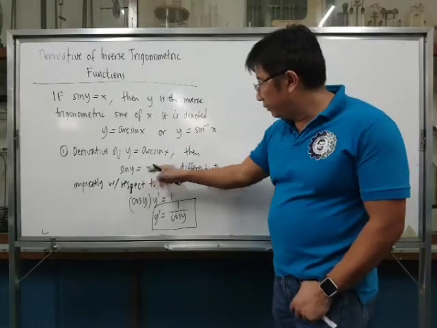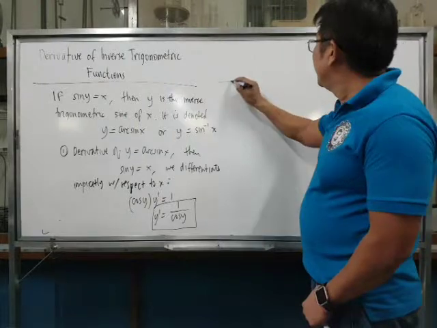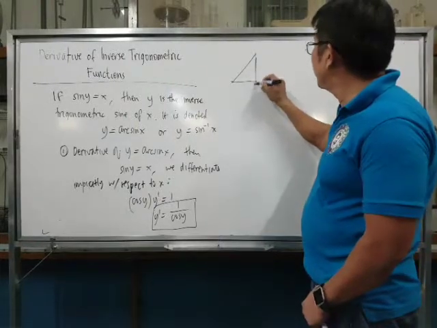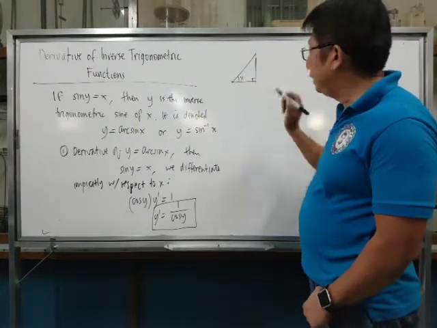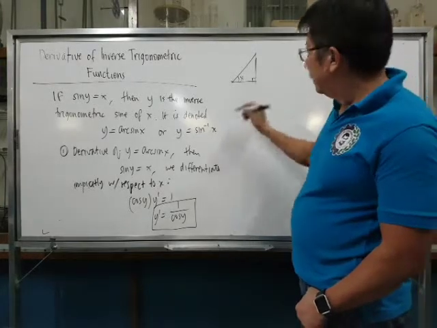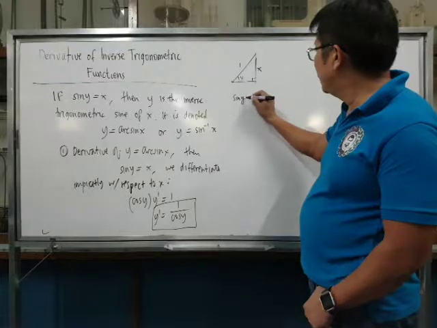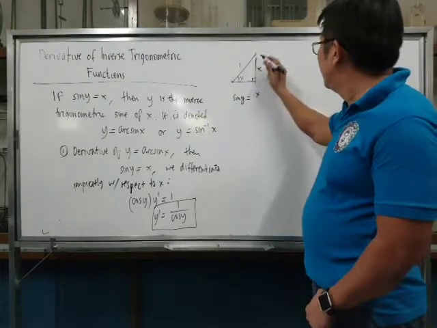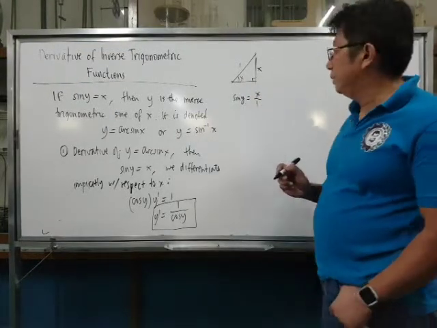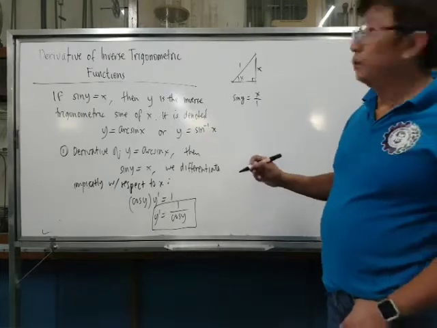Since sine y equals x, we can construct a simple right triangle where the angle is y, and the hypotenuse is 1, and observe that sine y equals opposite over hypotenuse, so it equals x over 1.